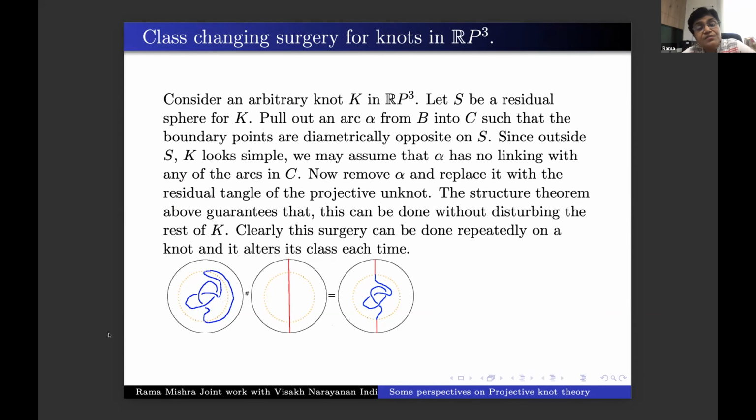If it had an odd number of Tn, like the tangles, and you add one more, that is going to become even. So from class 0 to class 1, or from class 1 to class 0, this operation can change the class of the knot.